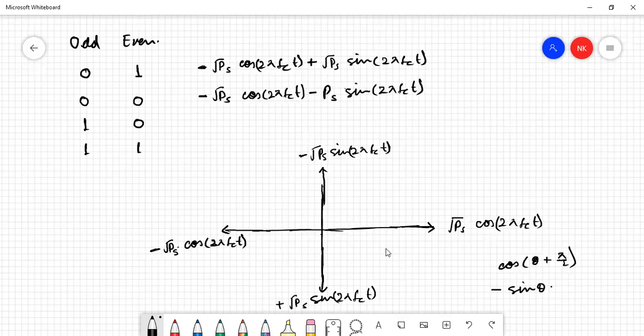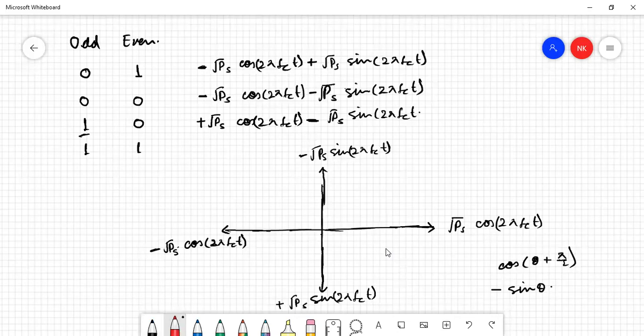Again we will have 1 0, so for the case of 1 0 there should be a plus 1, so root under Ps, for the odd part we will have cos 2 pi fct, and there is a 0, so there will be a minus with root under Ps sine 2 pi fct.